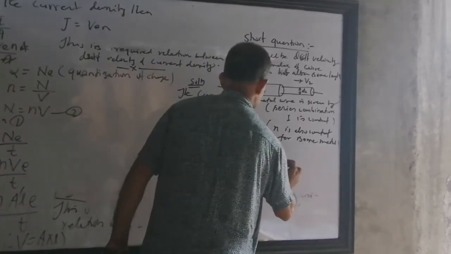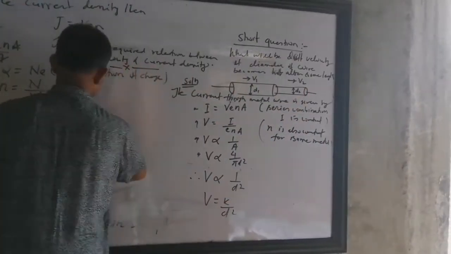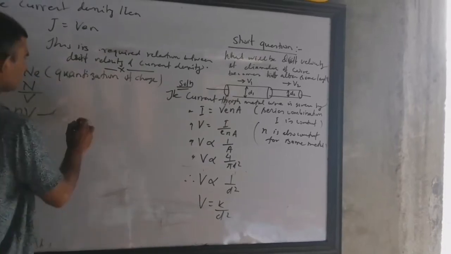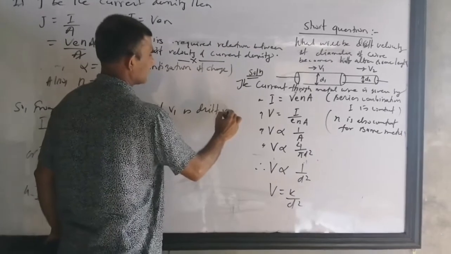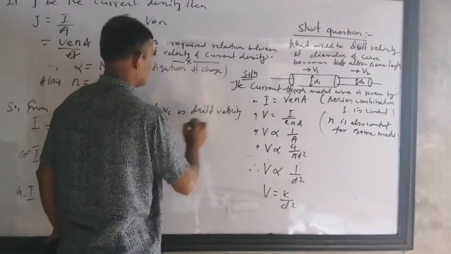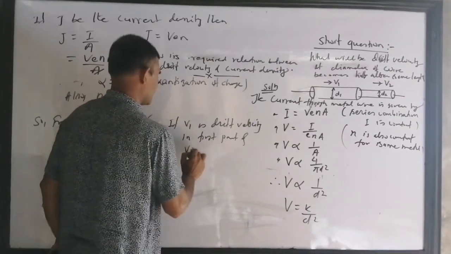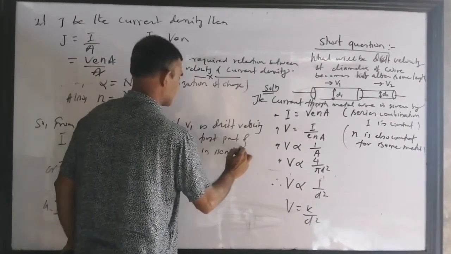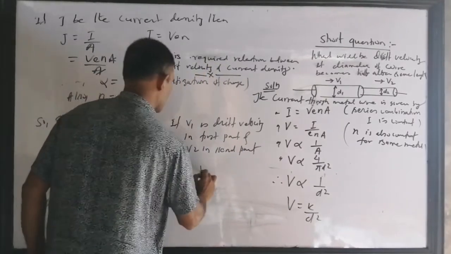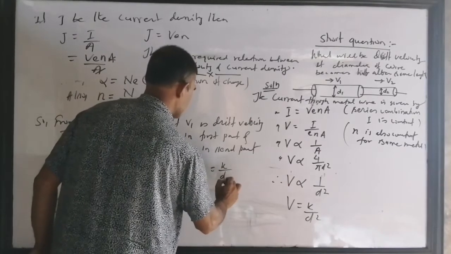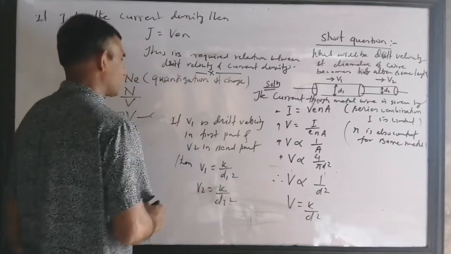Let me write here, I need more space. Let V1 be the drift velocity in the first part and V2 in the second part. Then what will we get? V1 equals constant by d1 square, V2 equals constant by d2 square. Now we are going to divide.